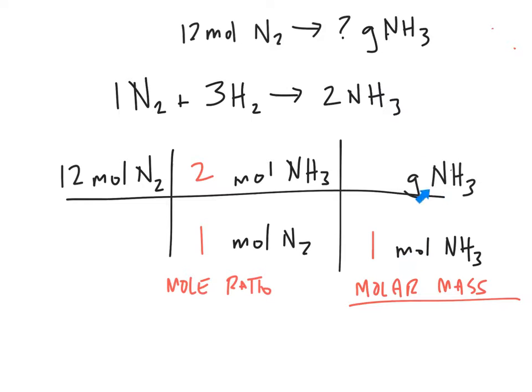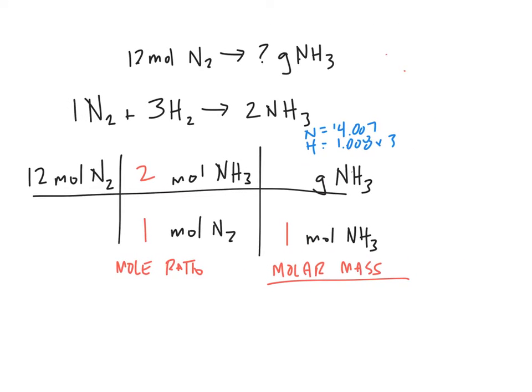So this is where we use our atomic masses from the periodic table. So you would take the mass of nitrogen, which is 14.007. I've only got 1. And then you're going to find out the mass of 3 hydrogen, so 1.008 times 3.